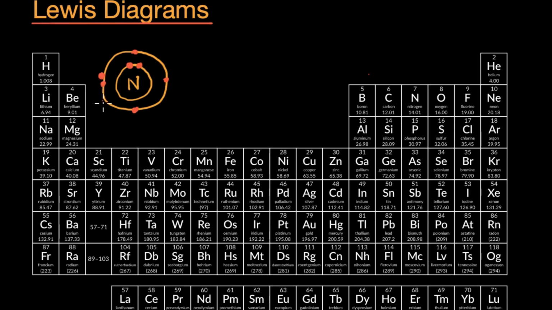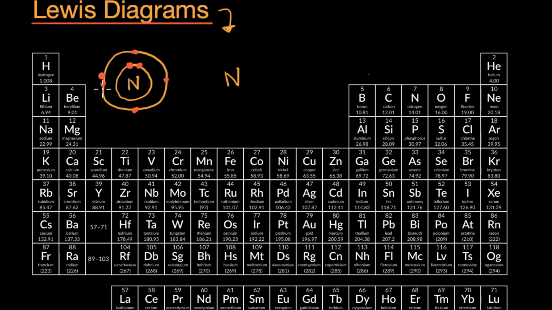So chemists said, hey, just for a shorthand, instead of having to draw all of this every time, why don't we just visualize the valence electrons? And so let's do that in this nitrogen example. So a Lewis diagram, which I'm just going to draw right now, is that simplified visualization where you write the symbol for that element and you just depict its valence electrons.